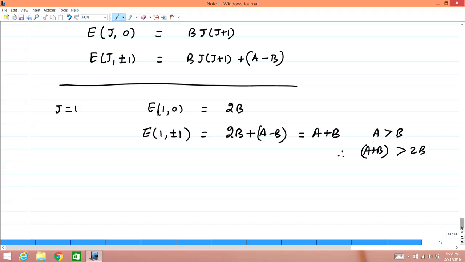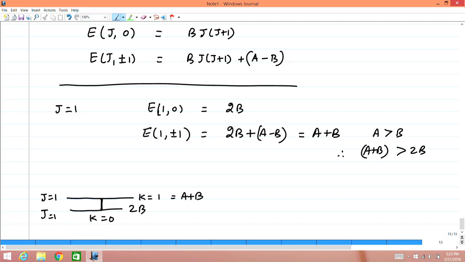So the level J equal to 1, K equal to 0, which corresponds to 2B, will be slightly lower than the level for J equal to 1 and K equal to 1, which is A plus B. The difference here is of course A minus B, which is positive.